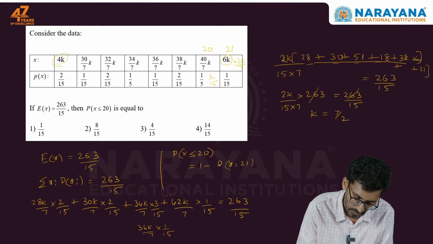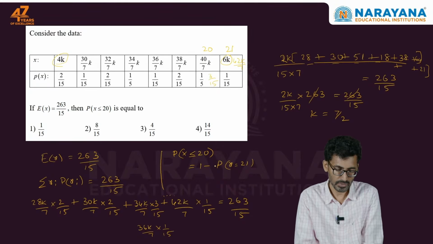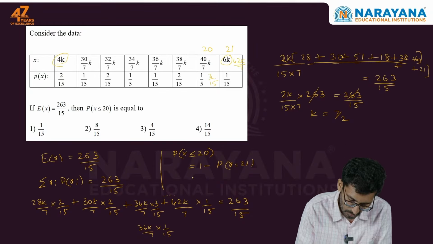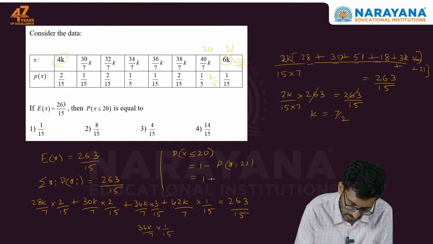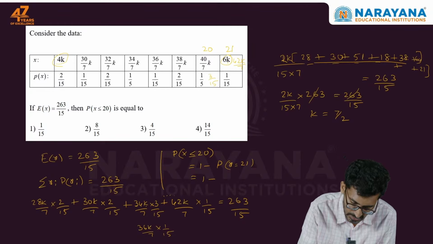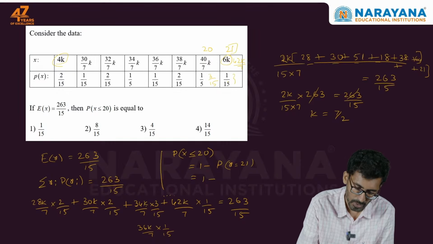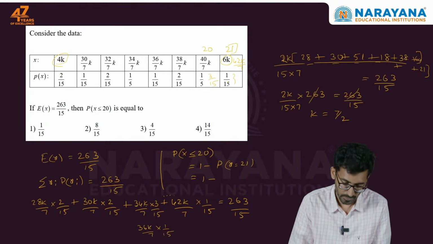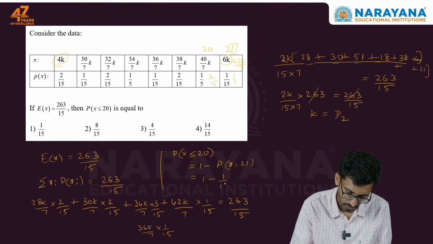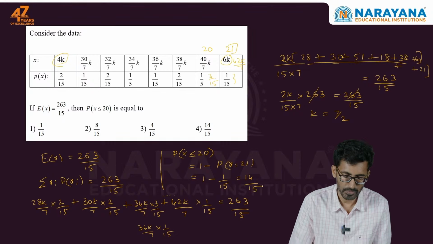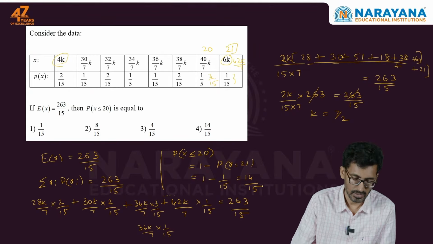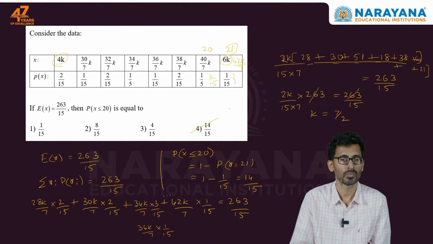There is only one term of x which is greater than 20. So 1 minus p of x is equal to 21. So here 6k means it is equal to 21. So what is the corresponding probability? We are getting 1 by 15. So 1 minus 1 by 15 which is equal to 14 by 15. So here the answer is 4. 4 is the answer.